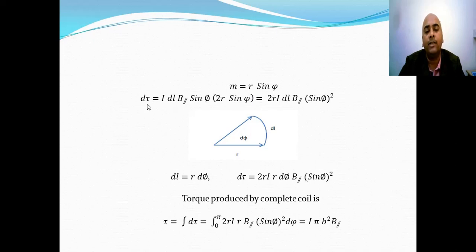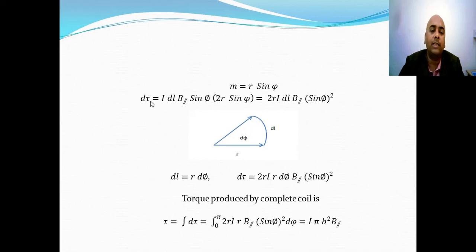So the expression of torque will become I dl B parallel component sine of phi, multiplied by the distance, which is 2r sine of phi, which can be written as 2r I dl B parallel sine squared phi.